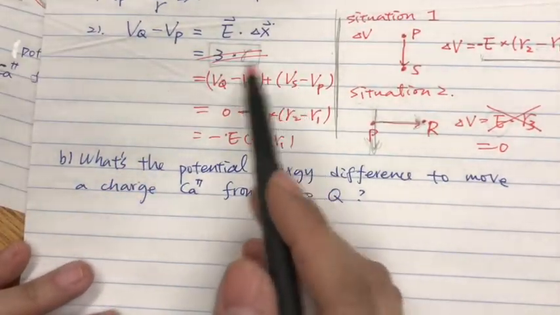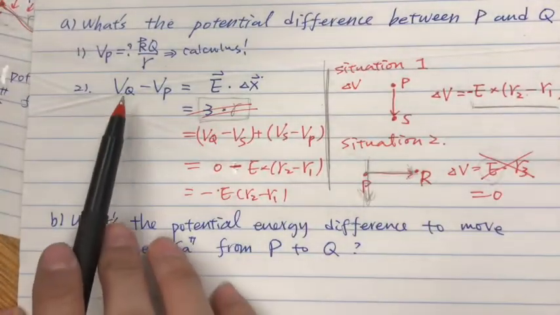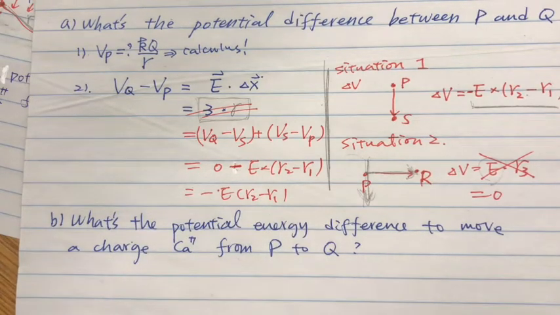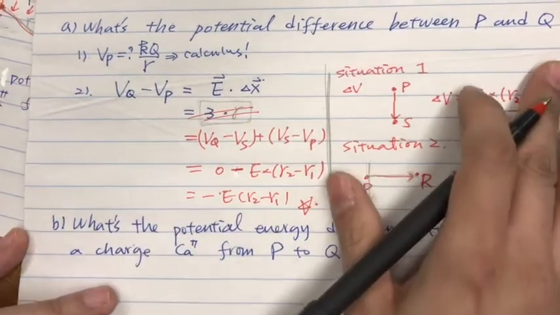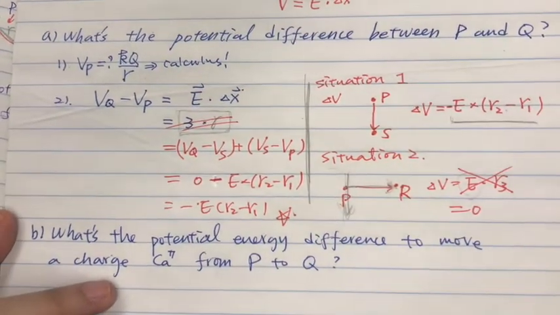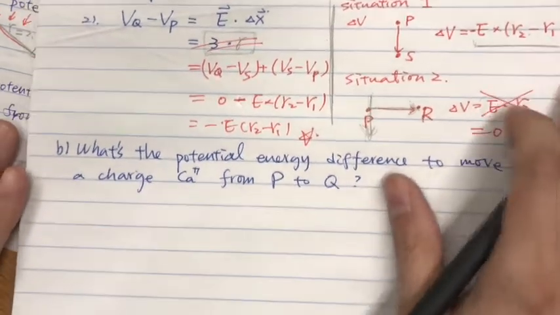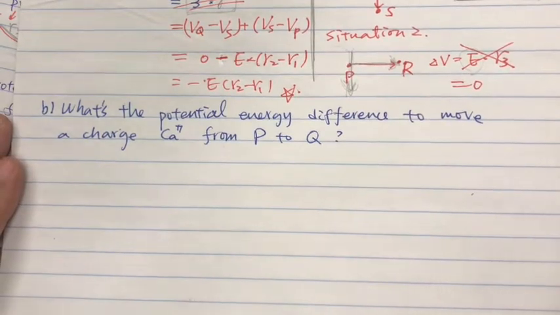Therefore I know this is lower potential, this is higher potential. So if I take lower minus higher, it will give me a negative sign. So this is the thought process to see this problem. There are many different ways to think about it, so feel free to explore your own way, and find whichever way makes the most sense to you.